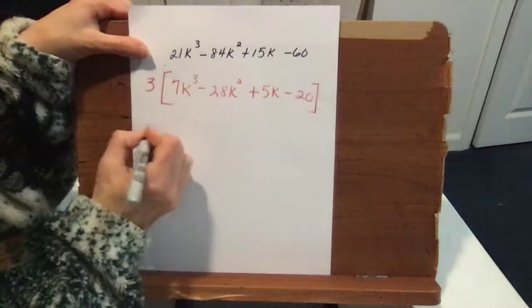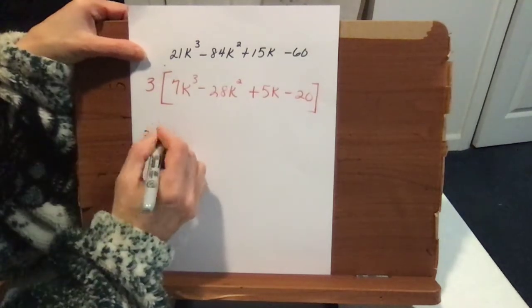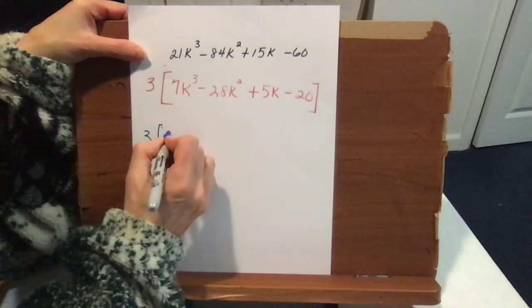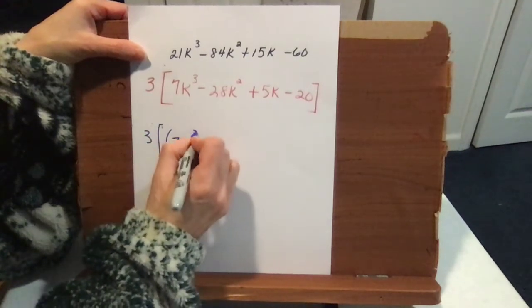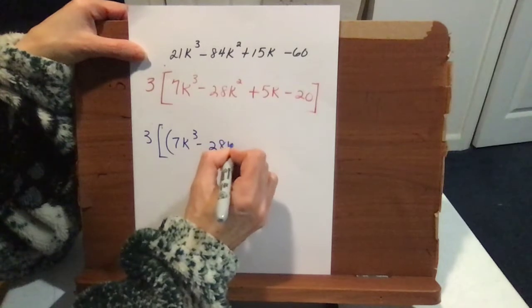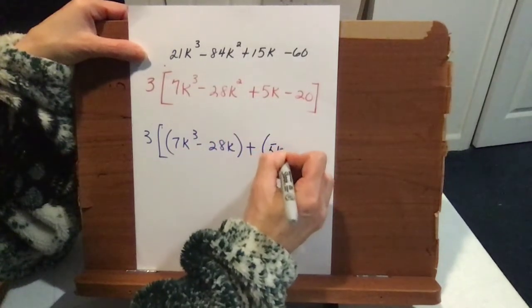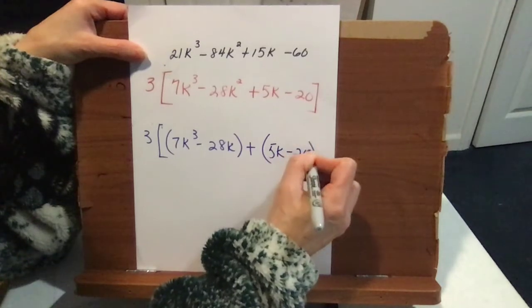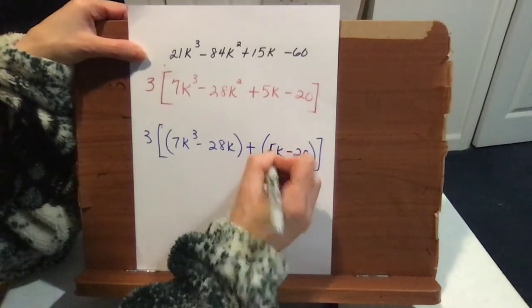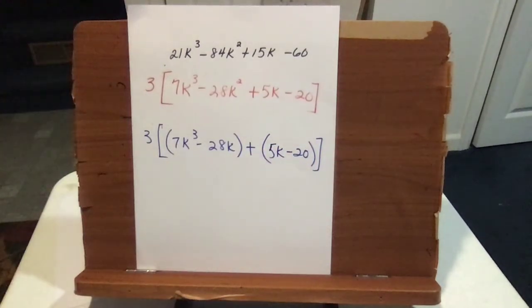All right, so we keep our GCF. I'm going to open up my square brackets, and inside I'm going to group 7k cubed minus 28k squared plus, and I'm going to group together 5k minus 20 and close off my square bracket.